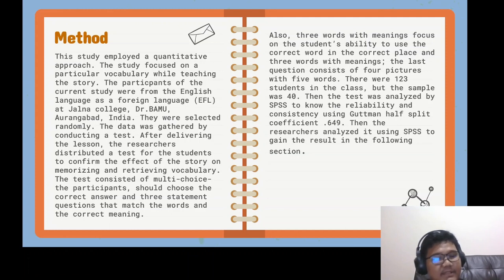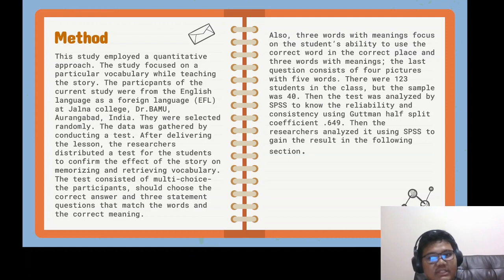The participants should choose the correct answer, and three statement questions that match the words and the correct meaning. Also, three words with meanings focus on the student's ability to use the correct word in the correct place, and three words with meanings. The last question consists of 4 pictures with 5 words.